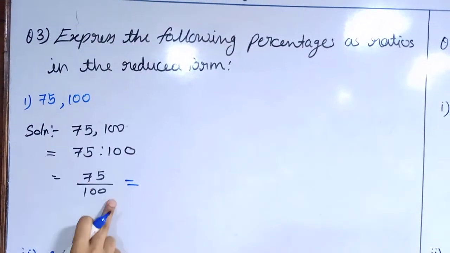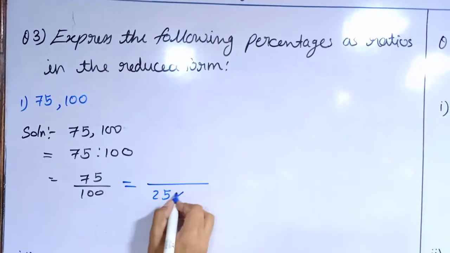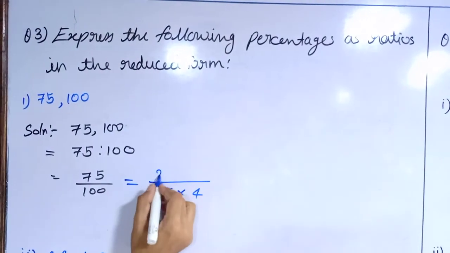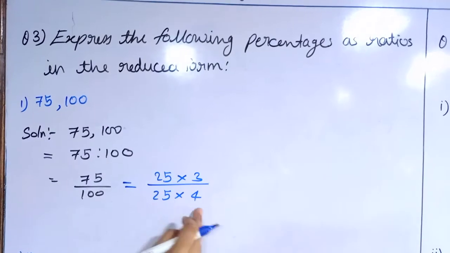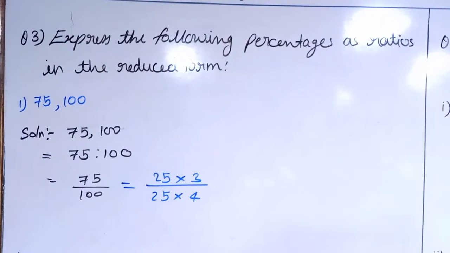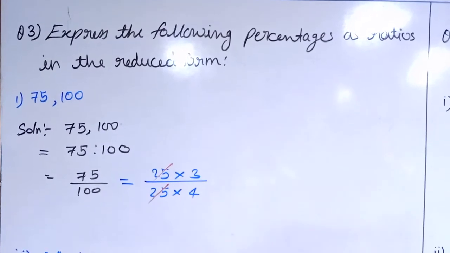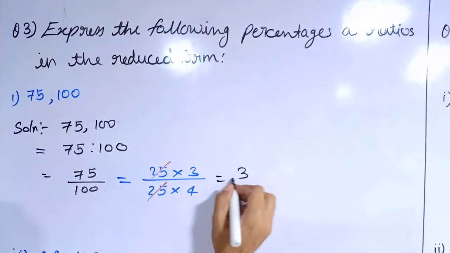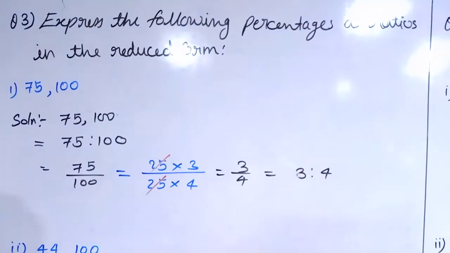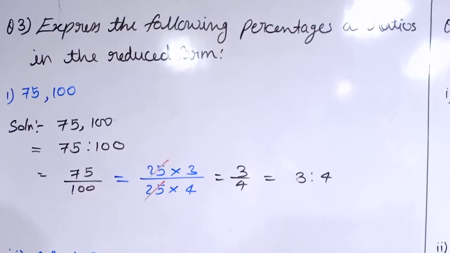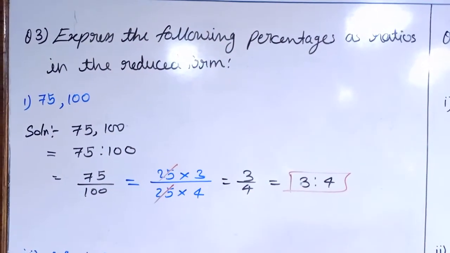So these two are divisible by 25. We can write 25 into 4 and the numerator 25 into 3. 25 3s are 75, 25 4s are 100. So here we cancel this 25. Finally we get the answer 3 upon 4, and also we can write 3 is to 4. So it will become the reduced form of the given percentage.